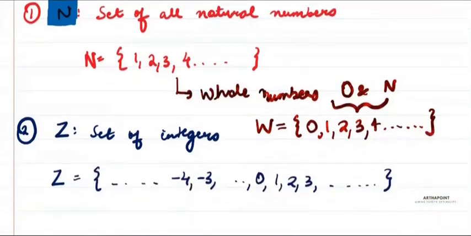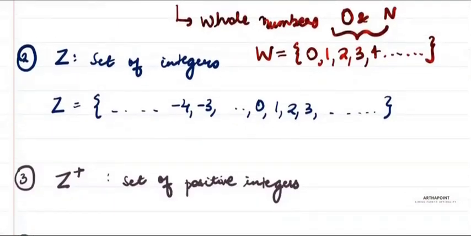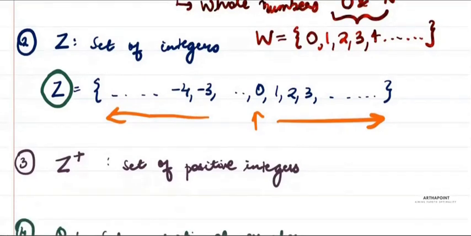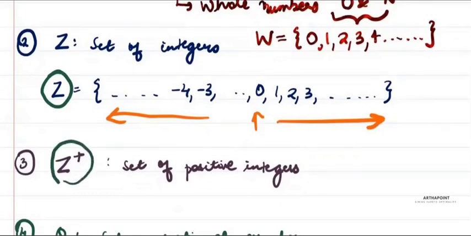Now, let us go ahead and talk about integers. What are integers? Integers are all negative numbers, 0, and positive numbers. Integers would be given by Z. This is what I'm going to use for integers. If I have to tell you to give me a set of only positive integers, I'm going to use Z plus.